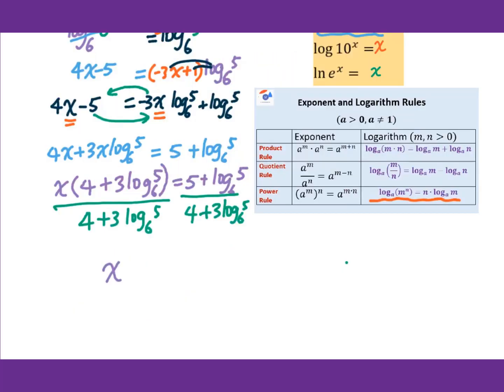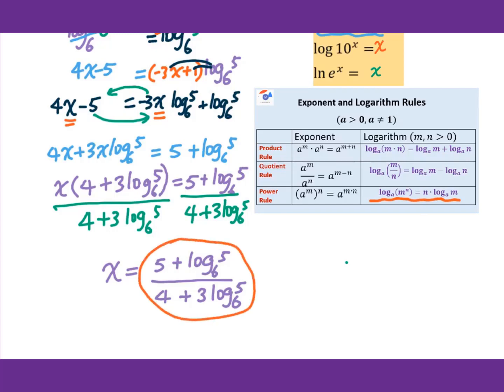You will get x equals 5 plus log base 6 of 5 over 4 plus 3 log base 6 of 5. You can directly put this into your calculator, or you can condense them first, then put into the calculator. How to condense?